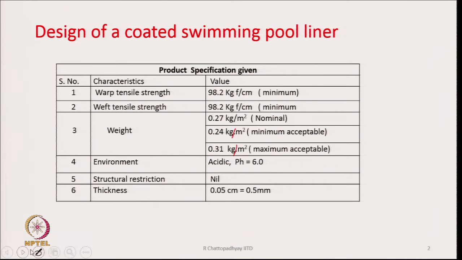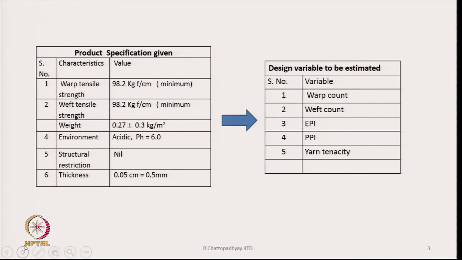We need to find out the relevant design parameters or design variables, which is being shown in the present slide. That means, the variables we need to know are what should be my warp count, what should be my weft count, what should be PPI, what should be EPI, and what should be the yarn tenacity.